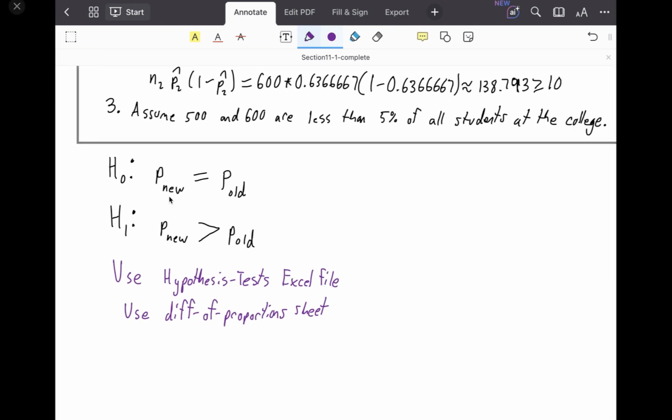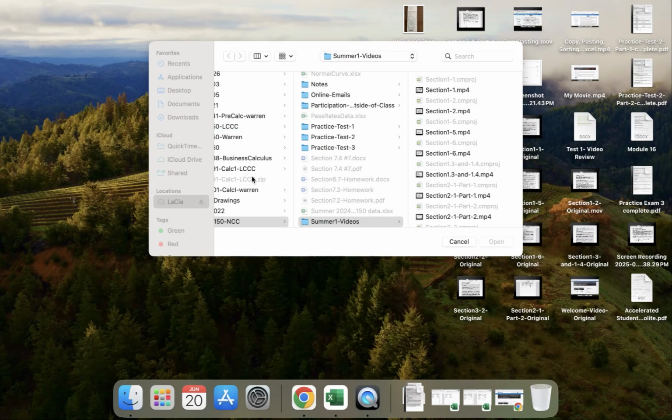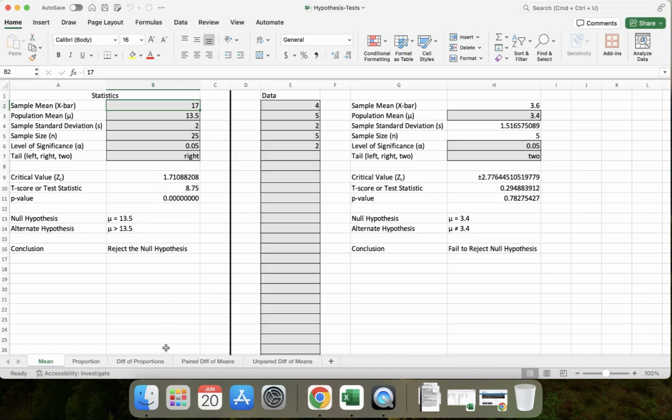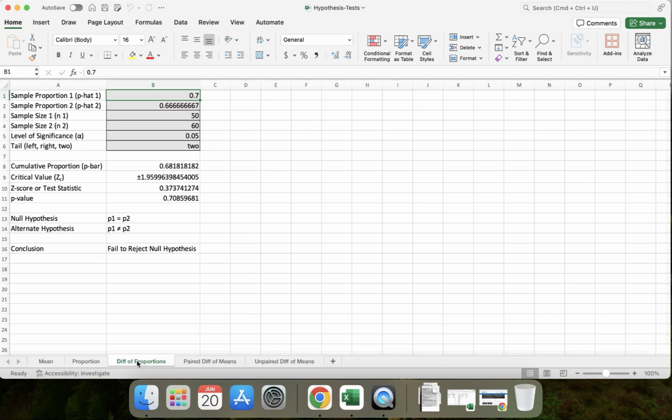Okay, now I'm going to navigate to that sheet and use it to guide me. So at the bottom, difference of proportions, there's a bunch of things that we need to fill in.